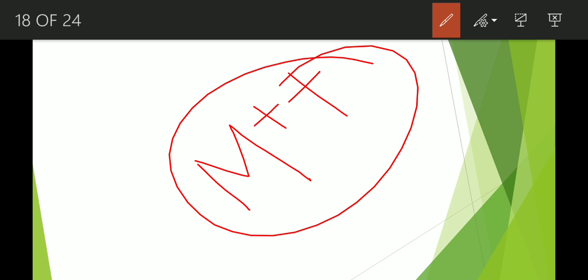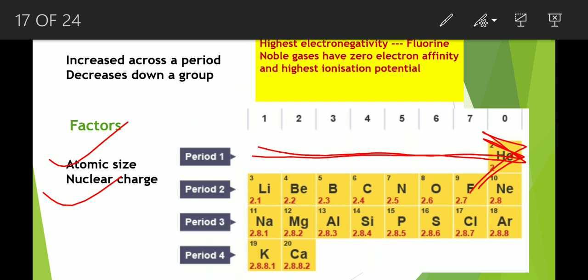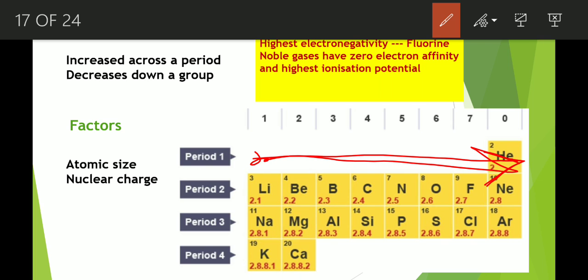So the ionization potential will also increase. So across the period, from left to right, as atomic size decreases and nuclear charge increases, all over the ionization potential increases across the period. When we go from left to right, ionization potential increases.